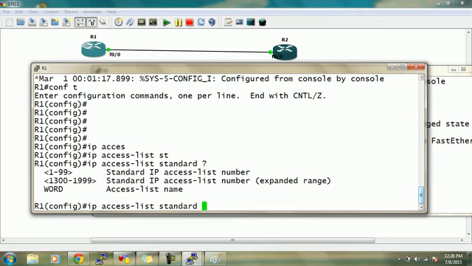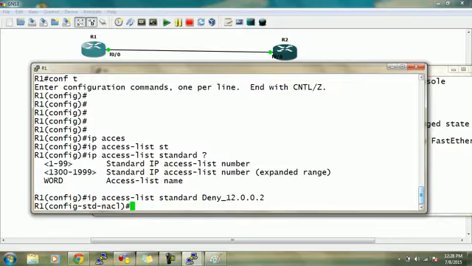So you want to create it by number or by a name? What name? Deny. This is a name. Deny 12002.